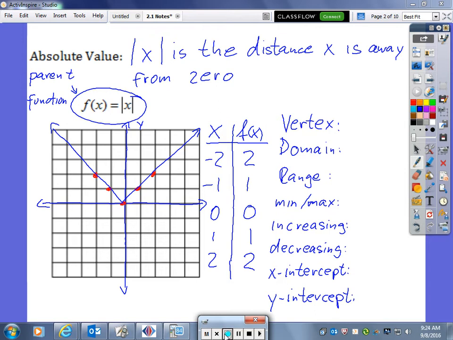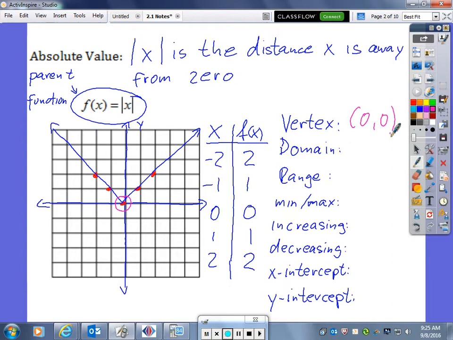First of all, I want you to notice that the graph makes a very sharp turn at the origin, and this point we call the vertex. You know vertex from quadratic functions from algebra 1, and it also looks kind of similar. So the vertex of our absolute value function is 0 and 0.